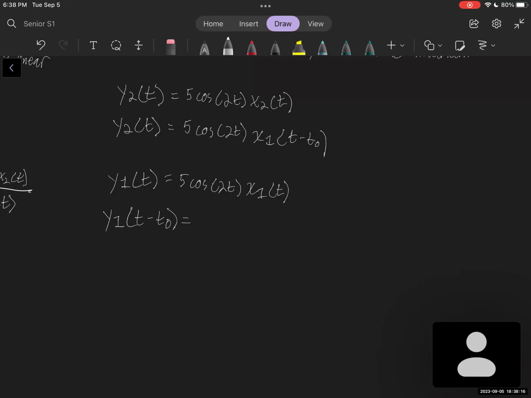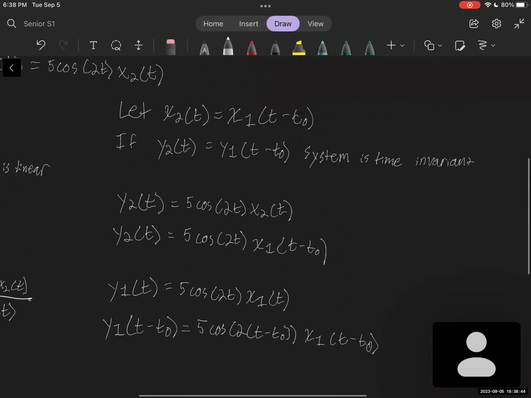So because we are applying this after, and we are shifting it from y1 of t to y1 of t minus t naught, we actually have to shift each t value. Whereas before, we simply substituted in our x2 value.